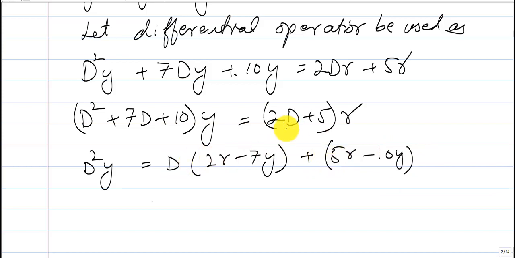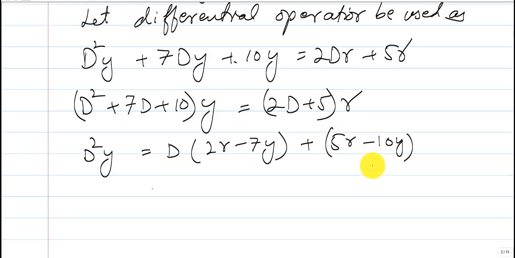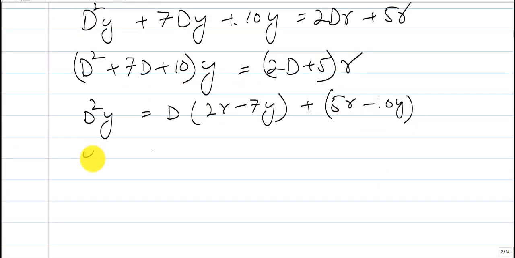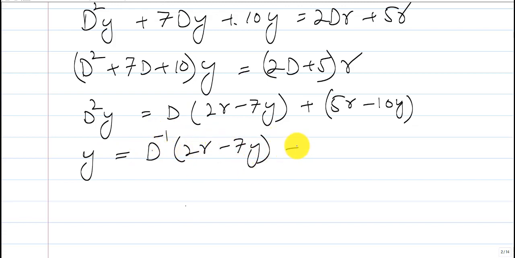We have just rearranged the terms with the differential operator D. Now D inverse is transferred to the other side, so it will be D⁻¹(2r − 7y) plus D⁻²(5r − 10y).